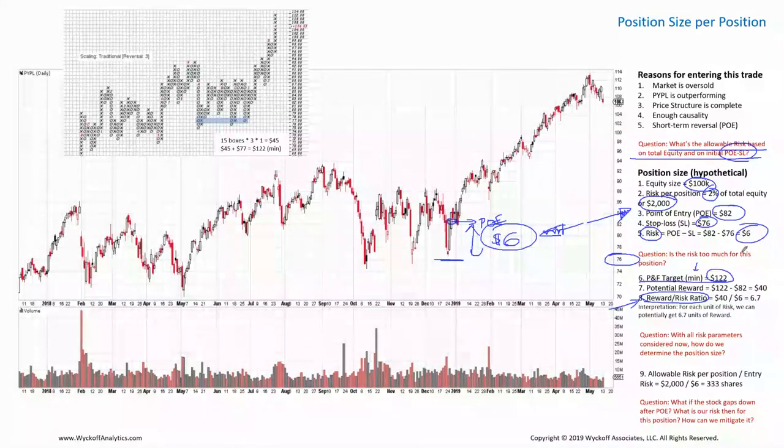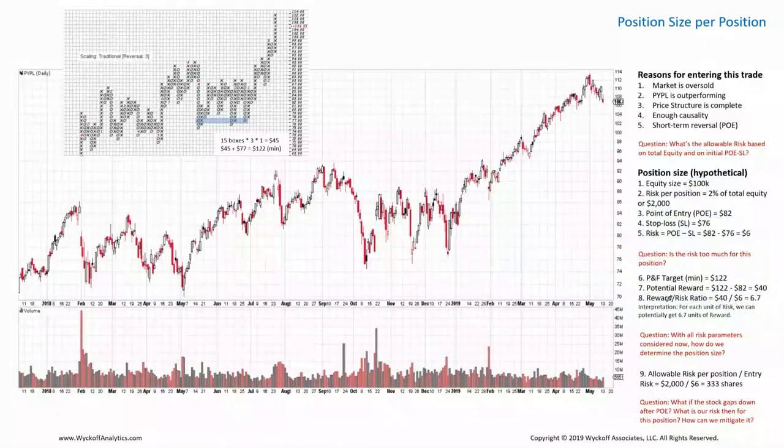I have not looked at PayPal recently. We are taking that target and taking the point of entry, so $40 until our target. We take that $40 and we divide it by the measure of risk, $6, and we have the ratio of 6.7. This is more than 3-to-1 reward to risk ratio, so 6.7 is a really good rate for us. We definitely would consider this position just based on the risk parameters.